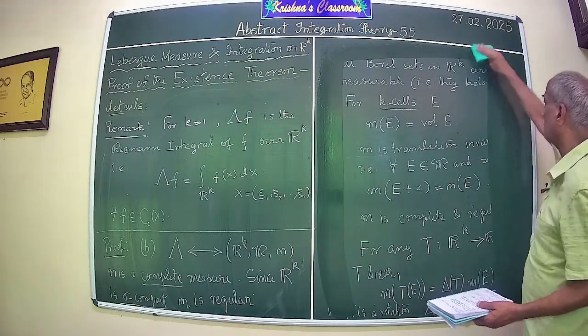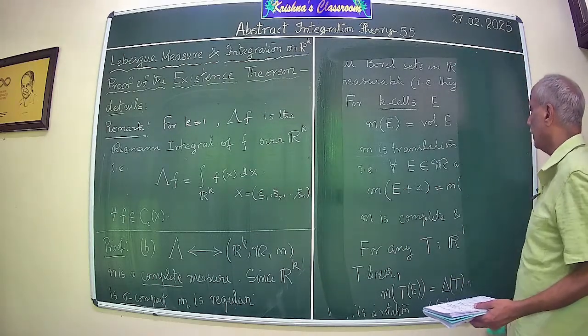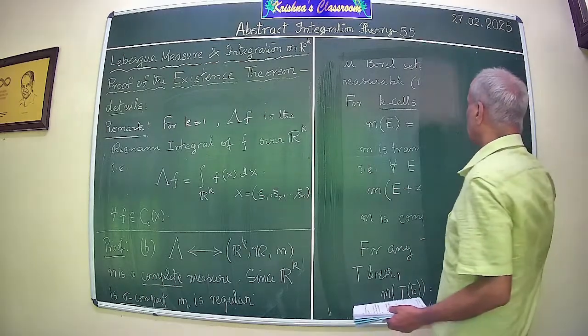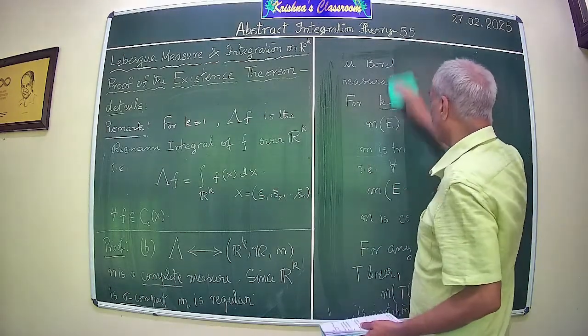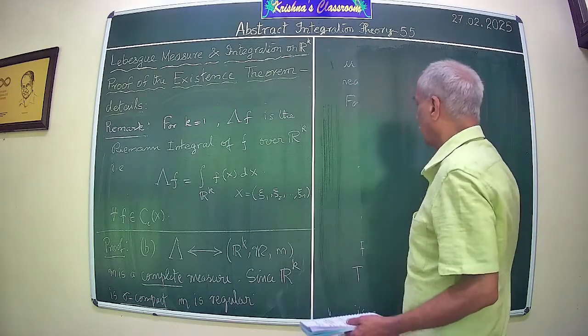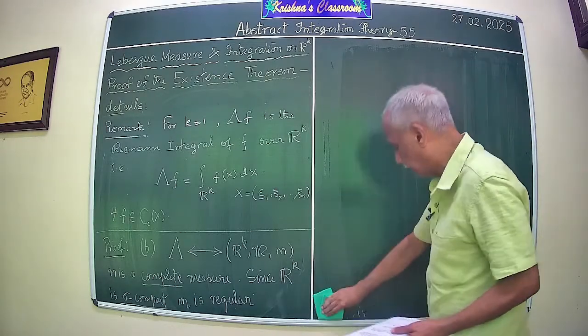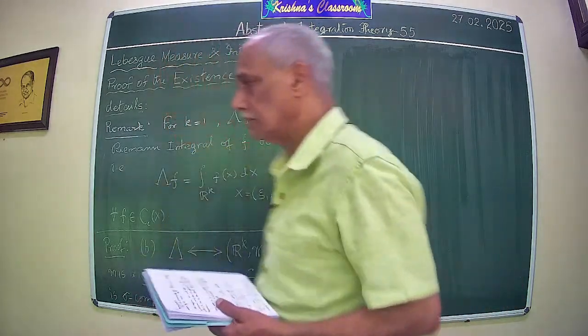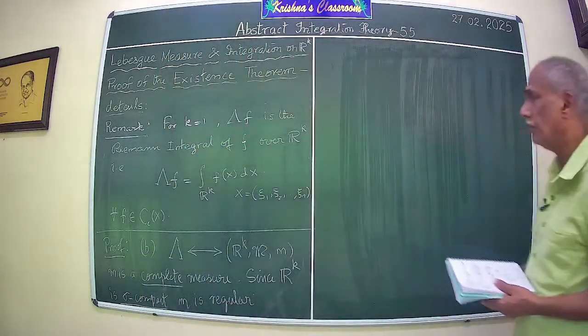It's a direct consequence of the Riesz representation theorem. So now let us slowly start verifying all the other parts. So we have to verify A, C, D, E. There are 4 parts to be verified.